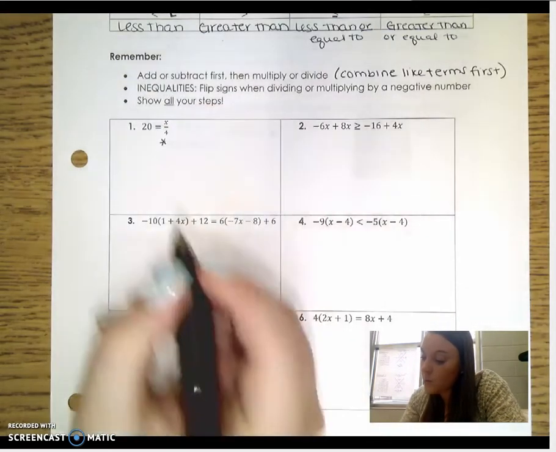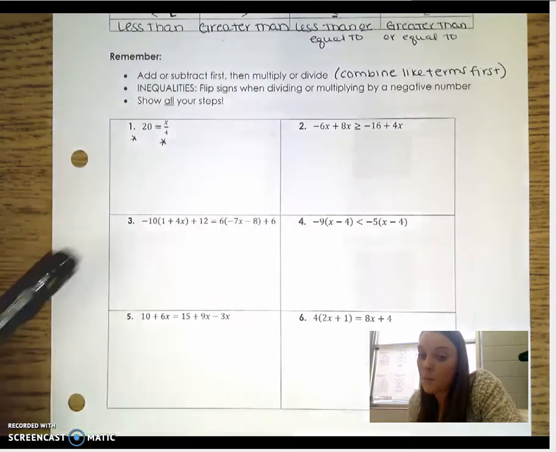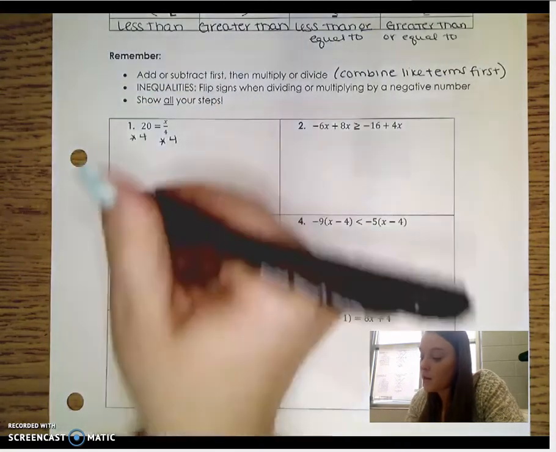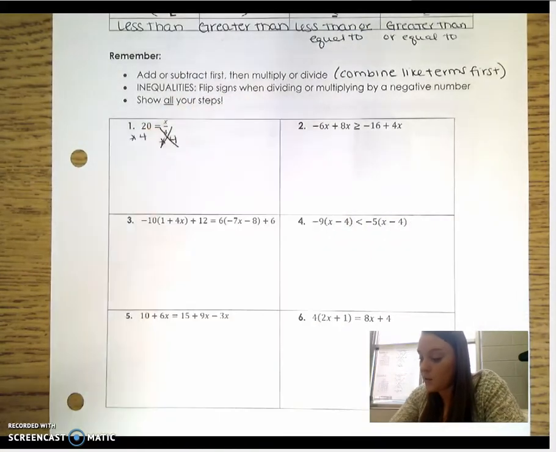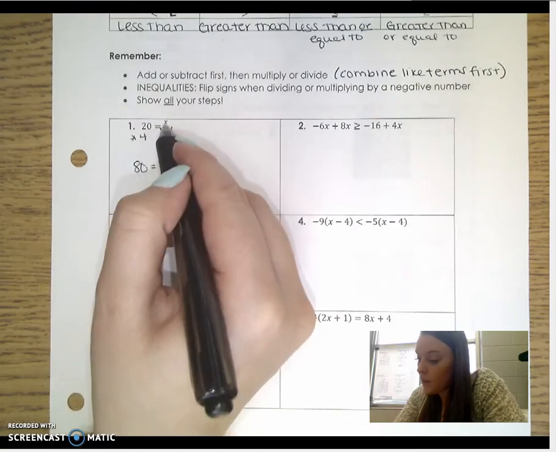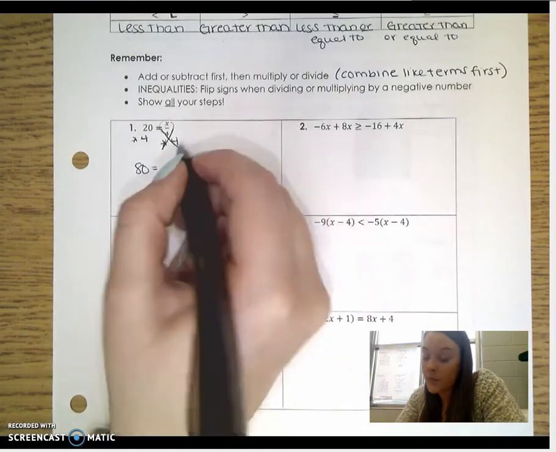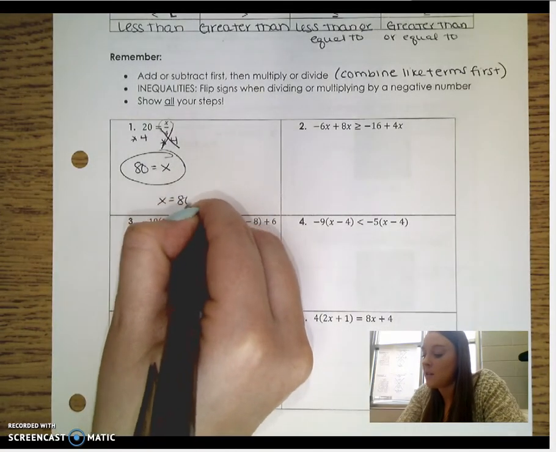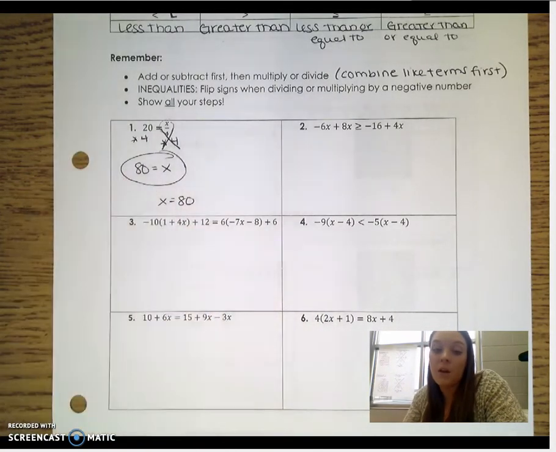So I'm going to multiply both sides by my denominator. When you multiply by that denominator, your denominator cancels out. 20 times 4 is 80. And then all we have left on this side is an x. So I get 80 equals x, which is the same thing as x equals 80. Remember, it could be written either way.